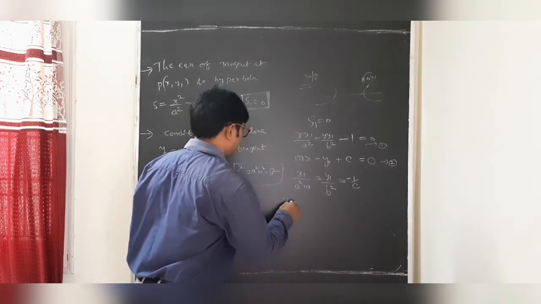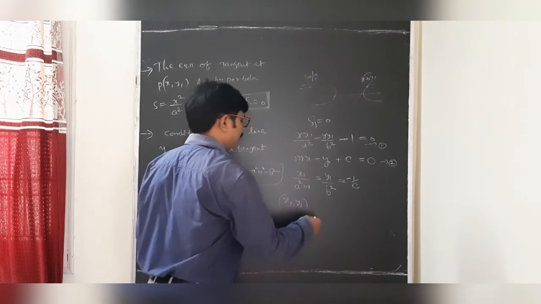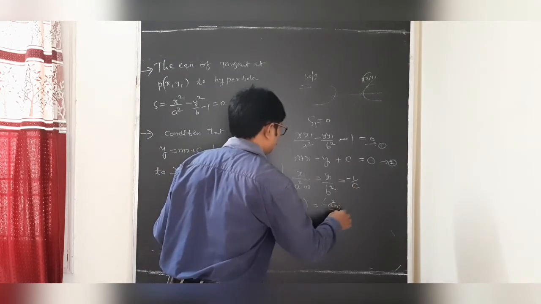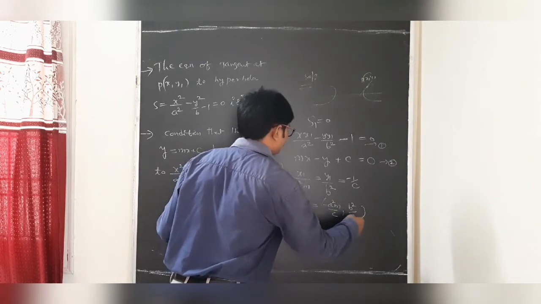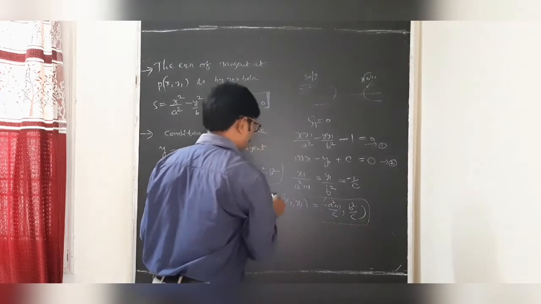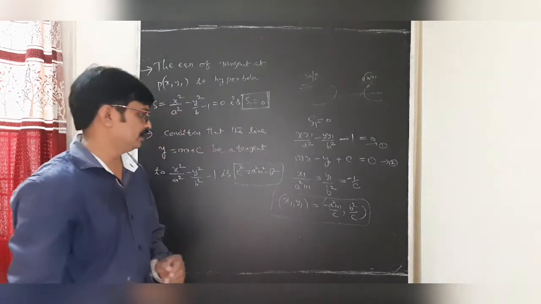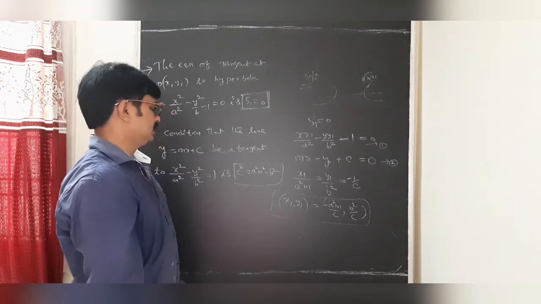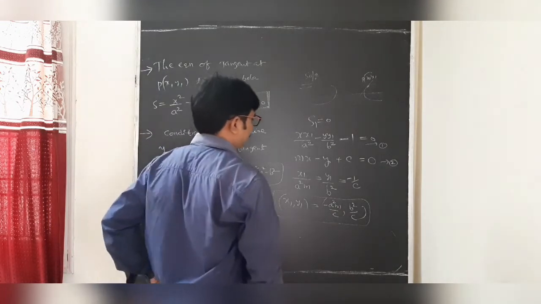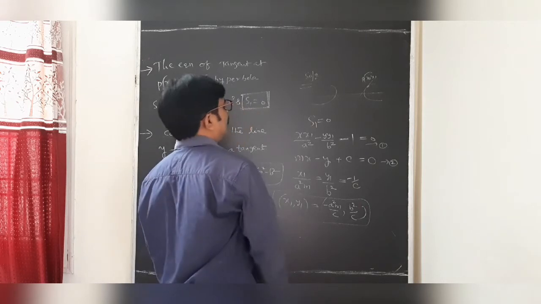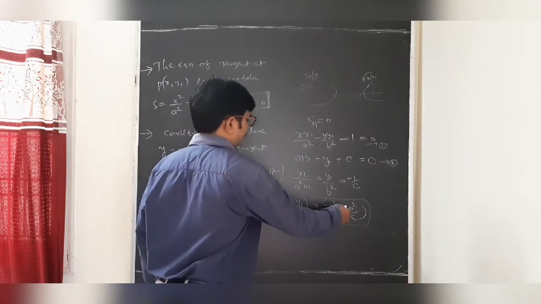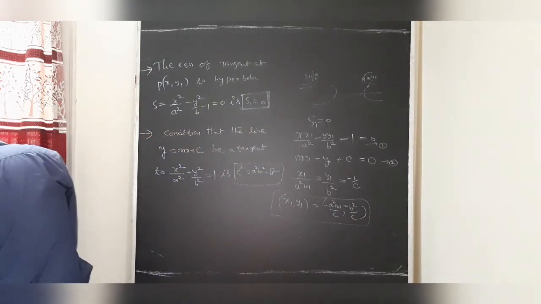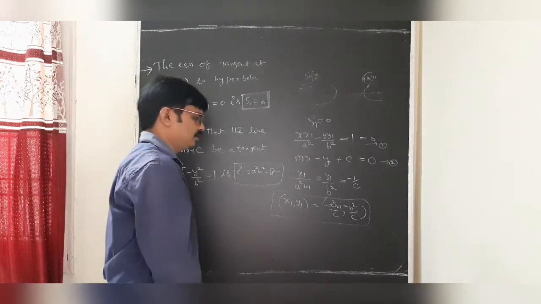So we can write (x1, y1) equal to minus a square m by c, minus b square by c. This is the point of contact: x1 equals minus a square m by c and y1 equals minus b square by c.